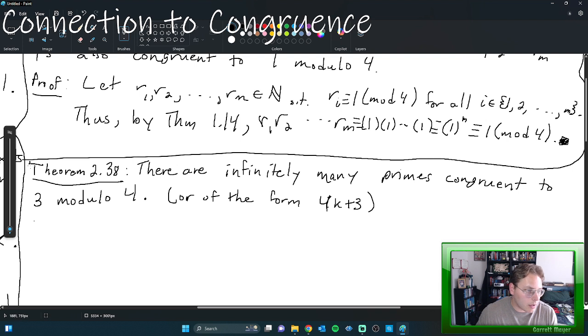So, yeah. For our proof of this theorem, we're going to start similar to these other proofs about the infinitude of primes. Suppose for contradiction.